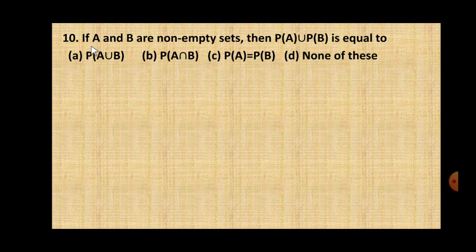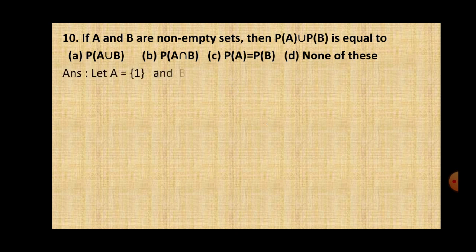So student, here the given term is that two non-empty sets are given. Now you have to verify this term, P of A union P of B is equal to. So here there are a total of 4 options. Yes, you have to verify these 4 options.